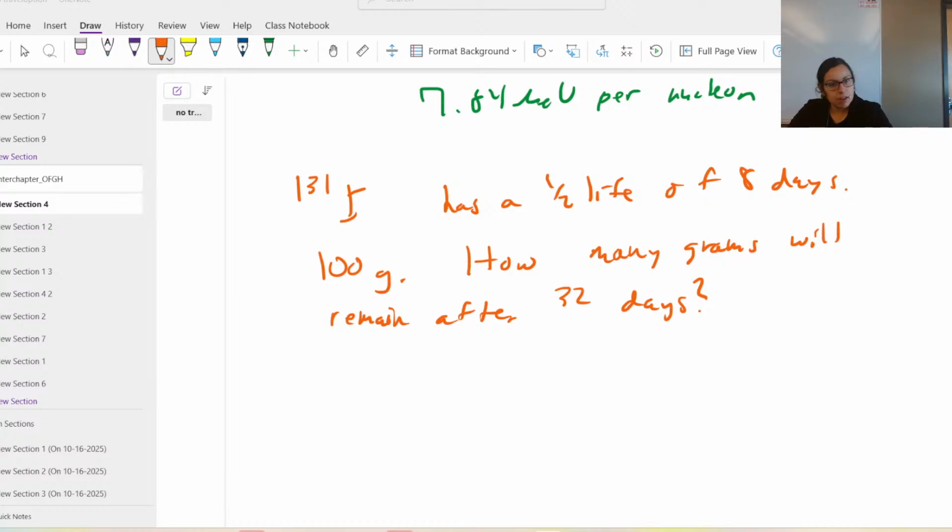And so what's maybe an easier way to do this problem than busting out all our equations? What can we brute force? What does this half-life mean? How many half-lives have passed in this problem?